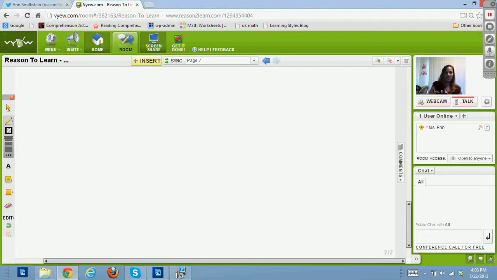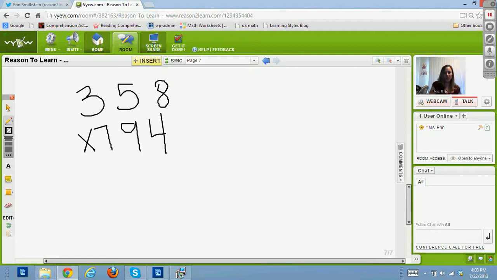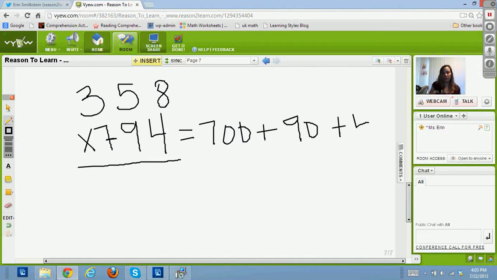So with this, we're going to say 358 times 794, and we're going to use this really great property of place value, and that's that we can break a number apart. So this is actually going to be 700 plus 90 plus 4.